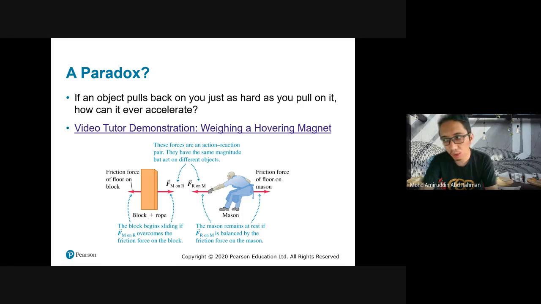Whenever the force F M on R exceeds the friction force, then the block will move. Okay, let's say we look at an example over here.